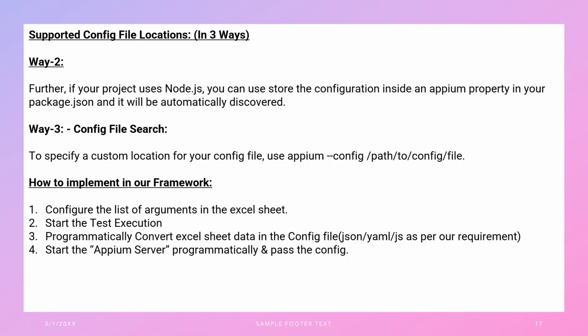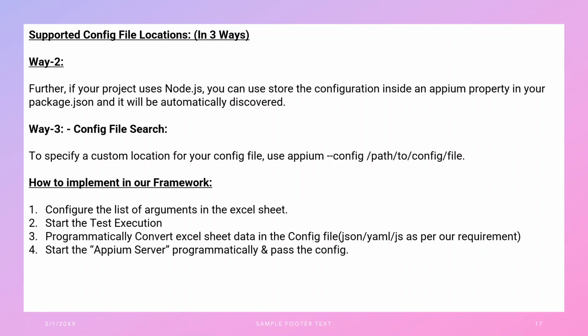We can open the Excel sheet with the argument name, the corresponding value, and whether it is required or not, yes or no. Create the Excel sheet with a set of arguments. Then when you start test execution, programmatically we convert the Excel data into a config file.